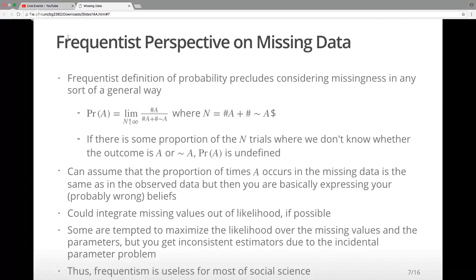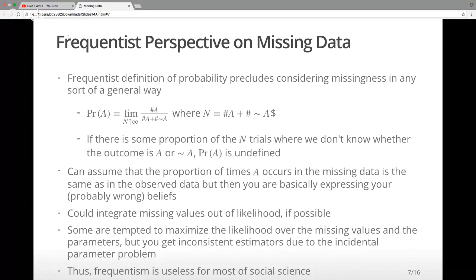One of the things people are tempted to do, and we talked about this earlier, is to ask, well, can I just maximize my likelihood over the true values that are missing and the parameters theta? But in that situation, the number of parameters to estimate is going to go to infinity as the number of observations goes to infinity, assuming there's some non-zero proportion that are going to be missing, in which case you're going to get inconsistent estimators of everything.